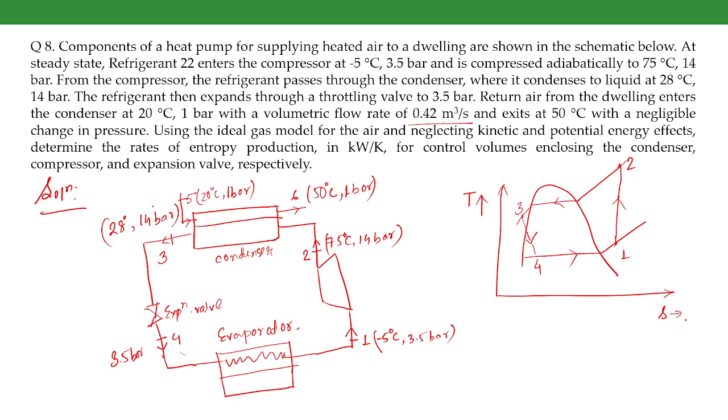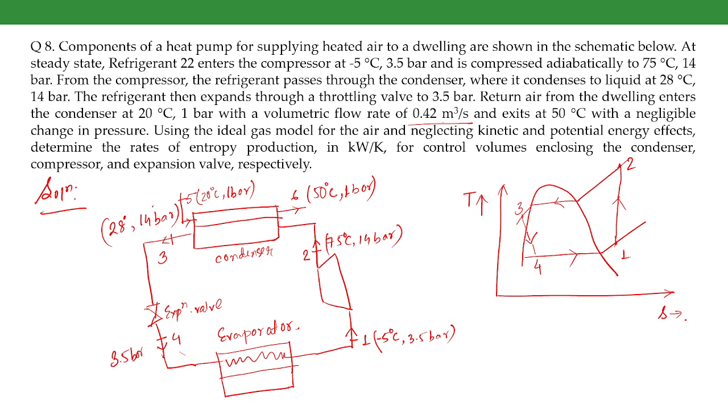So this can be further extended by calculating the entropy generation in the evaporator. This can be extended to a control volume system which encompasses all the components, that is the entire system, and we can determine the entropy production for the entire system.